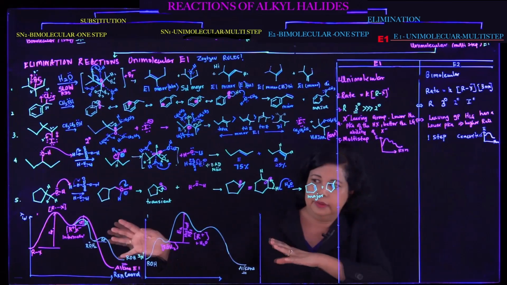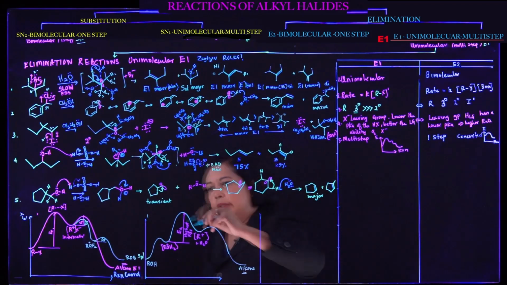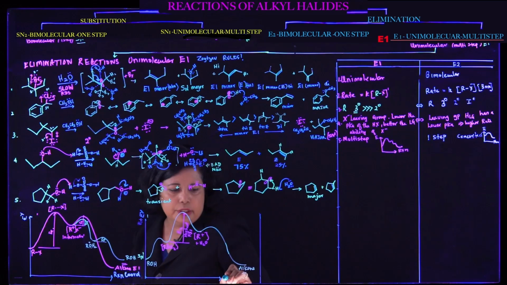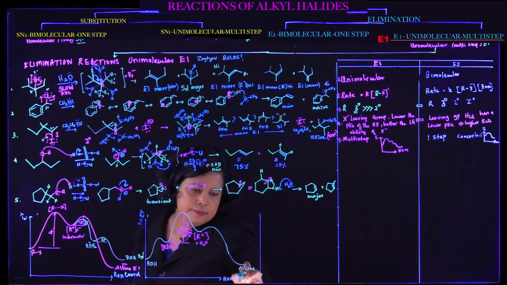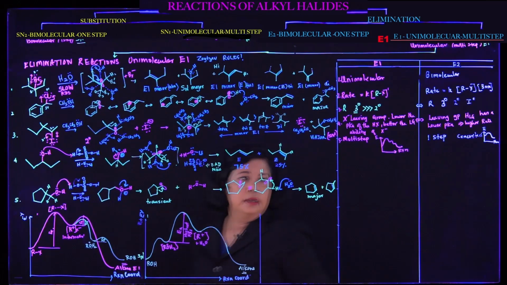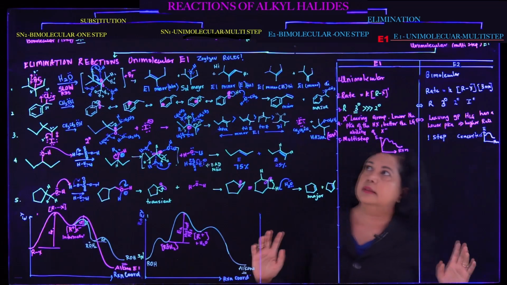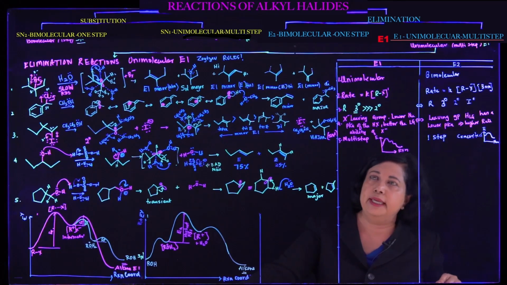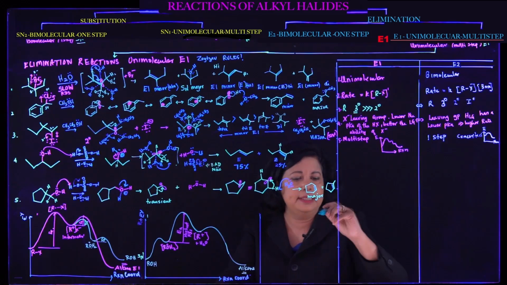We kind of have to look at this. And even here you'll have the same potential energy and reaction coordinate. What else? Here, water and alcohol are your weak bases. Sometimes triethylamine too. So the base is weak.